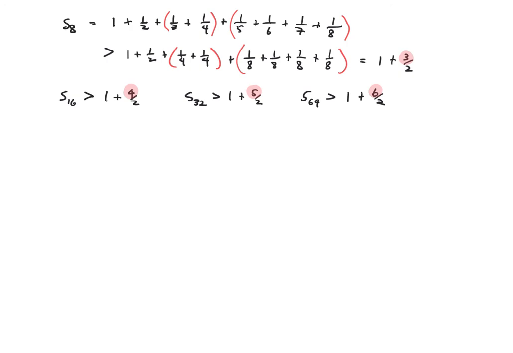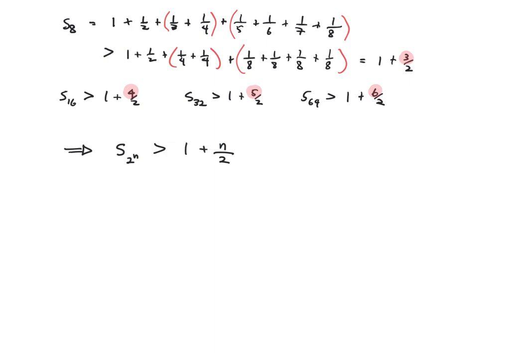Let me scroll up a little bit here and try to draw a conclusion. This investigation should lead us to the fact that this subsequence S_{2^n} is going to be greater than 1 plus n over 2, right? 64 is 2 to the 6th, 32 is 2 to the 5th, 16 is 2 to the 4th.